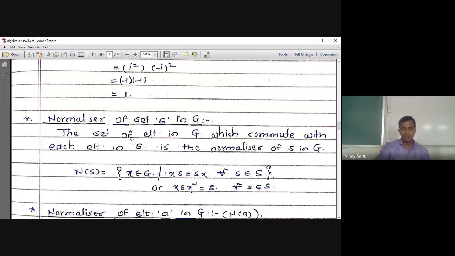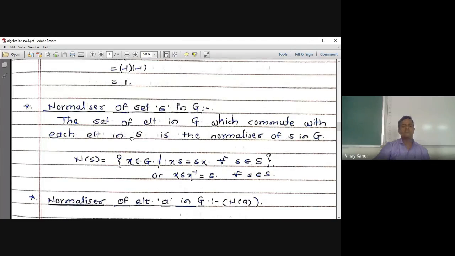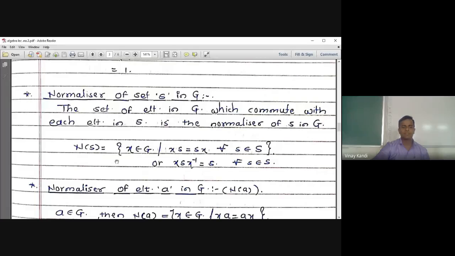Now, the next definition is the normalizer of an element. The normalizer of an element in G and the normalizer of a set S are two different things. The normalizer of an element is denoted N of a.